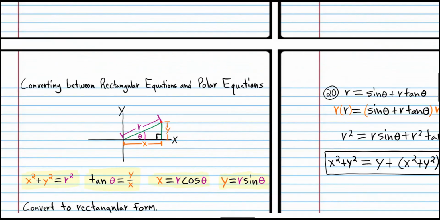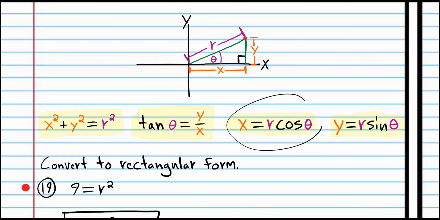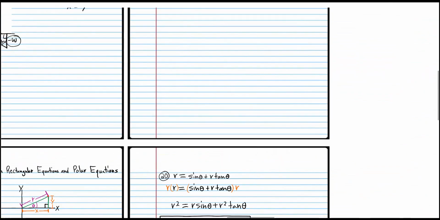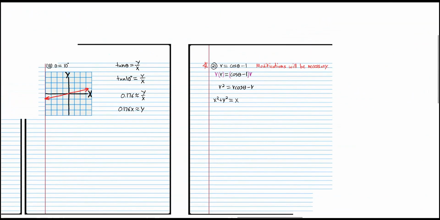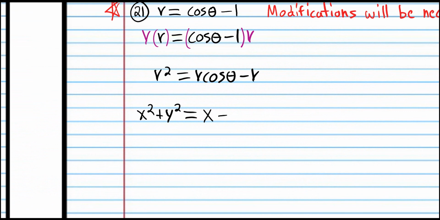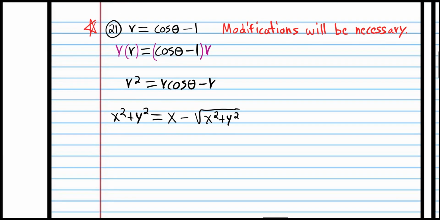I'm going to give you one more chance to take a picture of these equations. R times cosine theta is just x. And r, well, that's not r squared, that's just r. So we have to actually square root. And we end up with this equation.